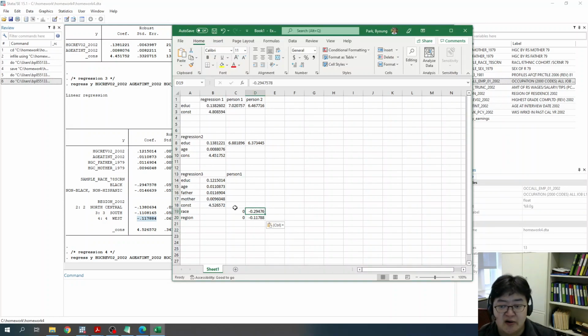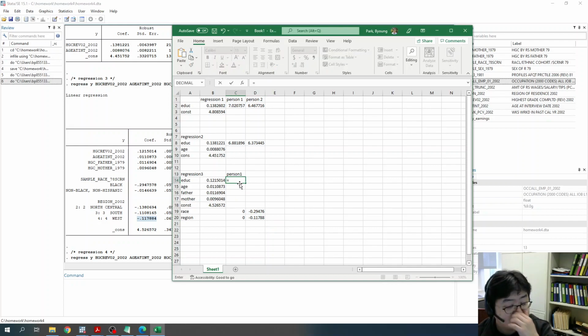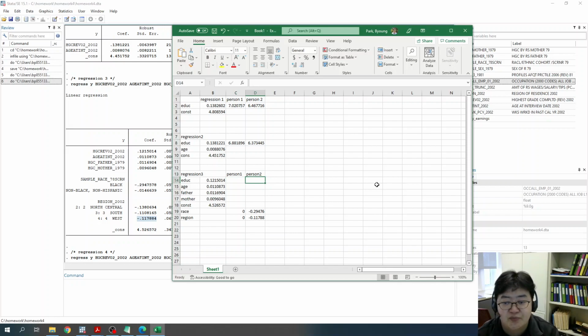So if you are Hispanic Northeast, that's the reference group, so there is no adjustment. But if you are black, the expected wage is adjusted this much. And if you live in the West, then your expected wage is adjusted this much. Right, so now let's predict person 1 and person 2.